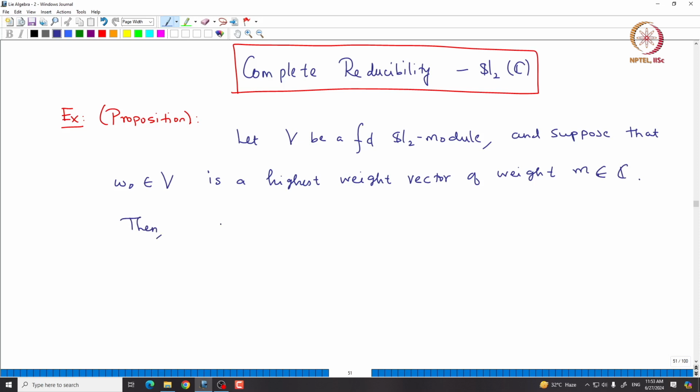Then what one can prove is that m must be a non-negative integer, and this W naught generates capital V. The submodule generated by W naught, let us call it W, has the following basis.